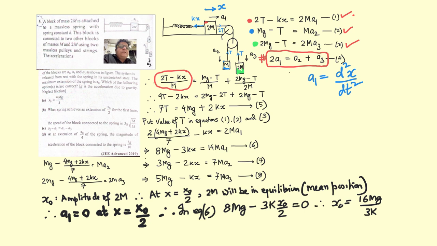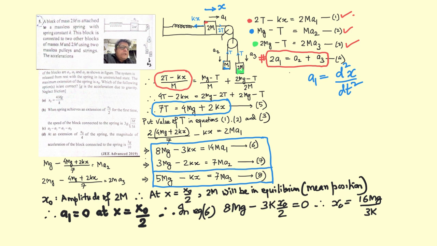Ultimately you get this equation, 7T is equal to 4mg plus 2kx. Put the value of T in equations 1, 2 and 3, and after putting that you get equations 6, 7 and 8, that is, a1, a2 and a3 in terms of x.